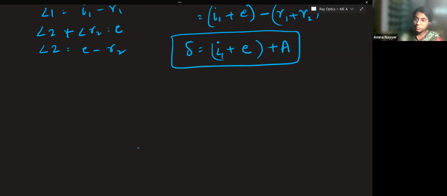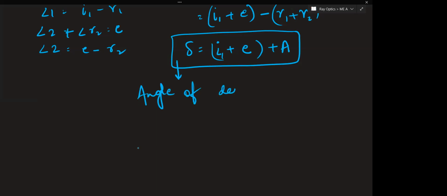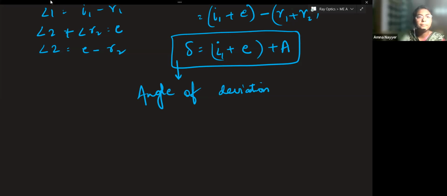This is not minimum deviation, this is just the angle of deviation. Minus A, right? Yes, minus. This is the main formula. And here also you can leave it as I if you're writing E.